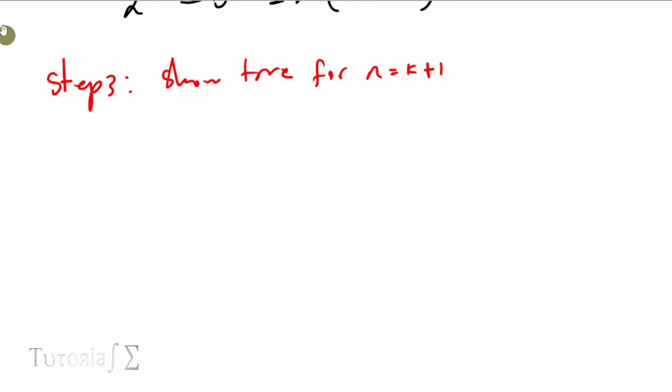Okay, so we're showing true for n equals k plus 1, and we have to remember what we have, which is a to the power 2k minus b to the power 2k is equal to some m(a minus b). So this is what we have. A to the power 2n minus b to the power 2n is equal to m(a minus b).